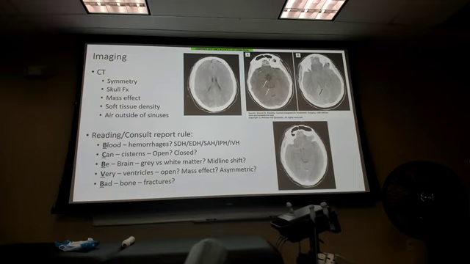B, the second B is brain. Can you tell the difference between the gray and white matter? Is there a midline shift? We'll talk about midline shift in a minute. You can see there's differences on pretty much all of these. You don't necessarily need to know which one's which, but you can at least see that one is a darker gray than the other.